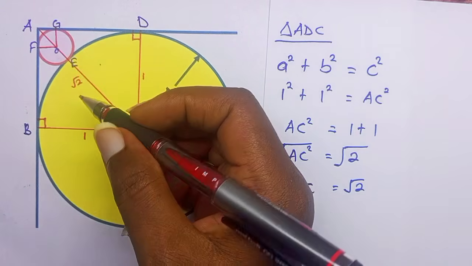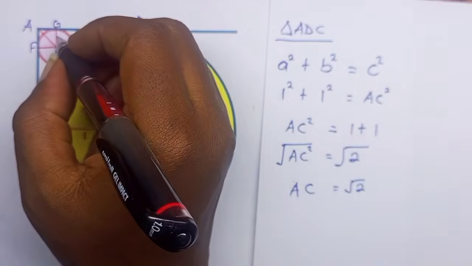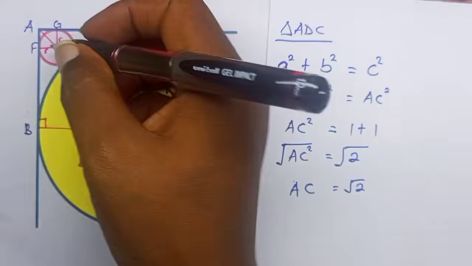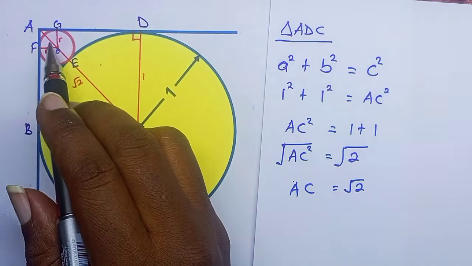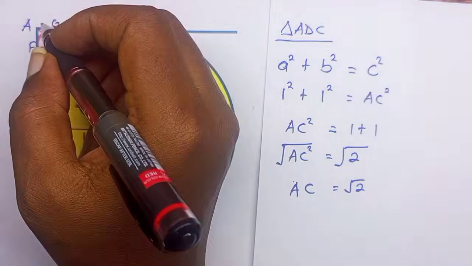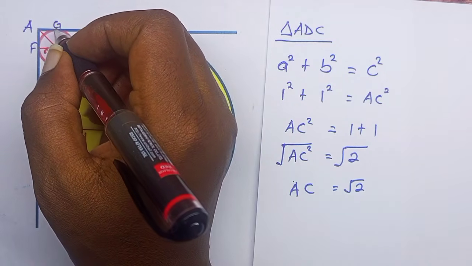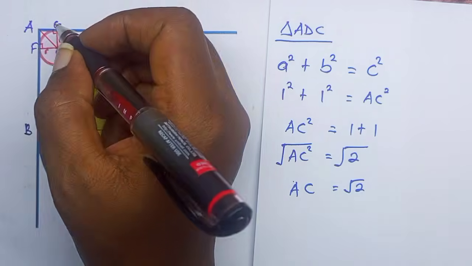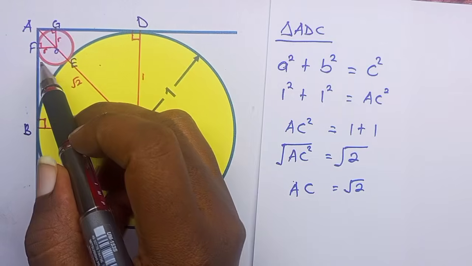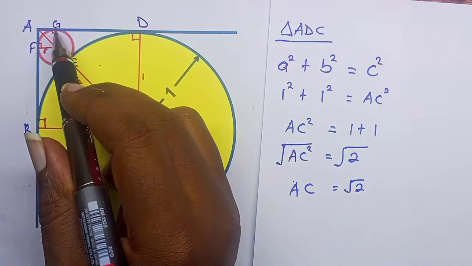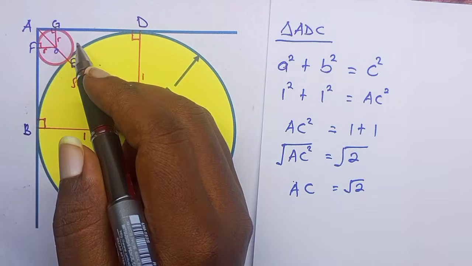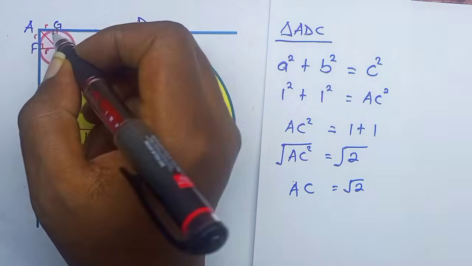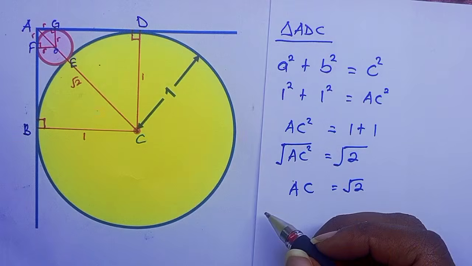Now let the radius of the small circle be r. So this will be r, this will also be r. But since we know from the tangent to a circle theorem that the angle formed by the tangent and radius is 90, so this is 90, this is 90, implying that AGOF is a square. So if it's a square, all the sides are equal. So all the other sides are r. Also this side is r, this side is r.